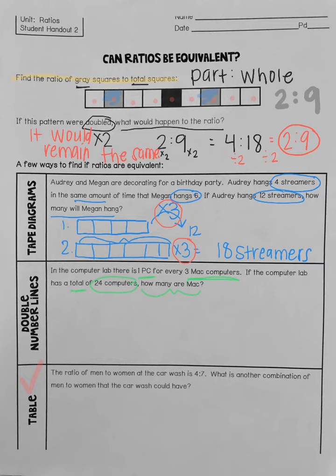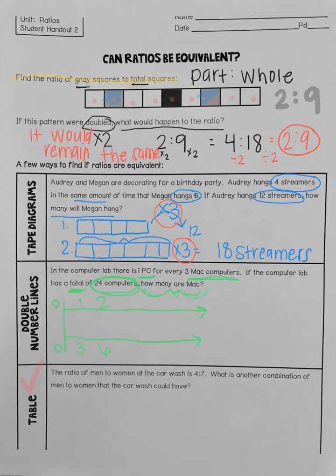So, using a double number line where each number line starts off at 0, I'm going to continue this number line going by ones, since that's 1 PC, for every 3, 6, continuing on, Macs.